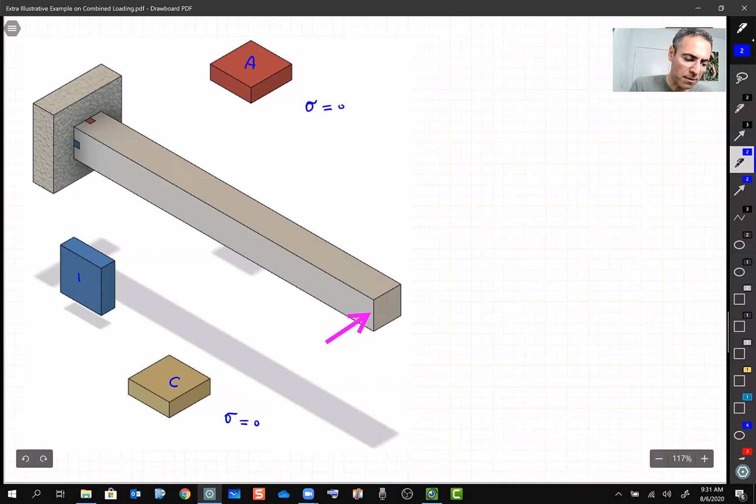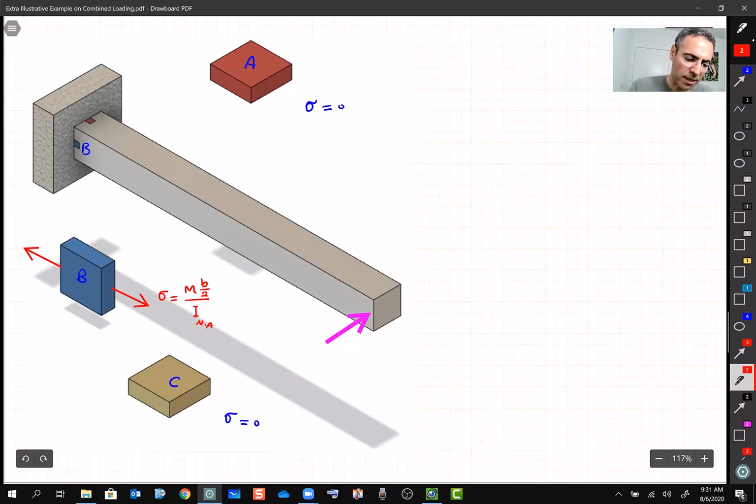And point B, this one is going to be under tension with the stress that we just calculated. Sigma is going to be equal to M B divided by 2 over I about neutral axis, right?